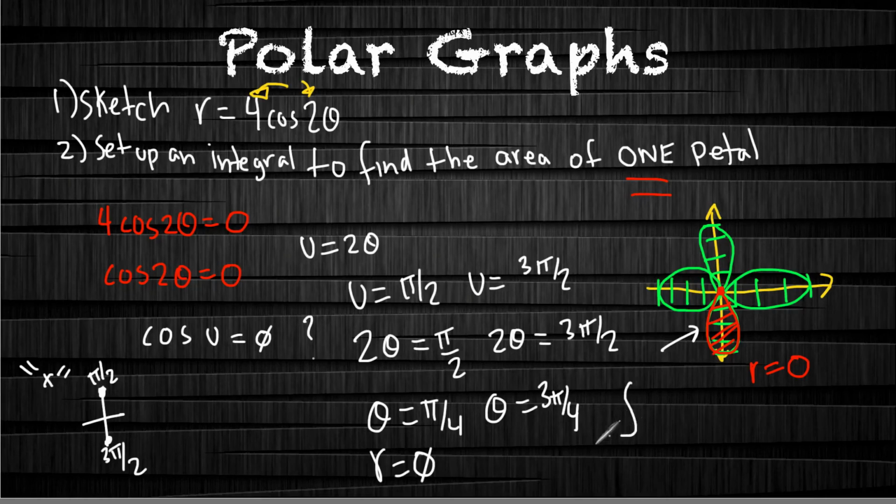So the area is equal to the integral from pi over 4 to 3 pi over 4 of r squared, and r was given to us, 4 cosine of 2 theta, squared, d theta. That's all we have to do for this problem, is set it up.